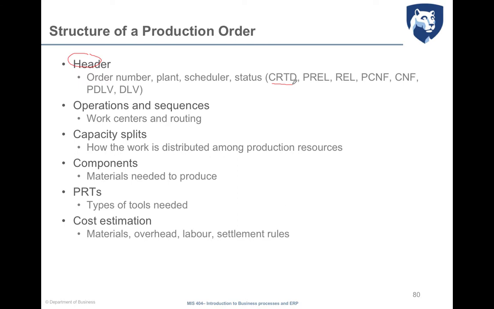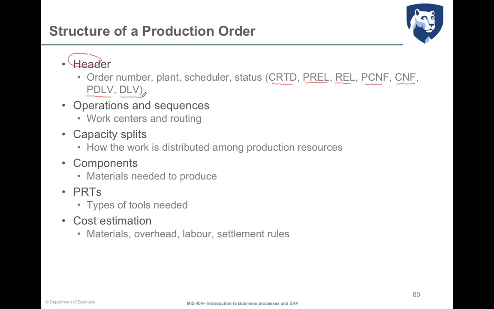As the order is executed, the order status is changed to reflect its current state and can be partially released, PREL, effectively released, REL, partially confirmed, PCNF, effectively confirmed, CNF, or partially delivered, PDLV, or effectively delivered, DLV.